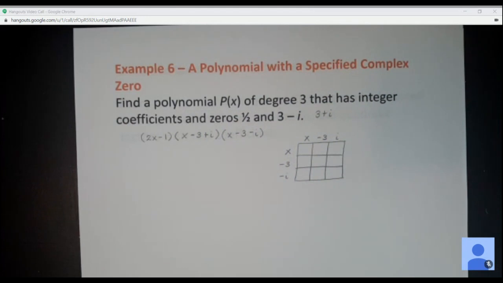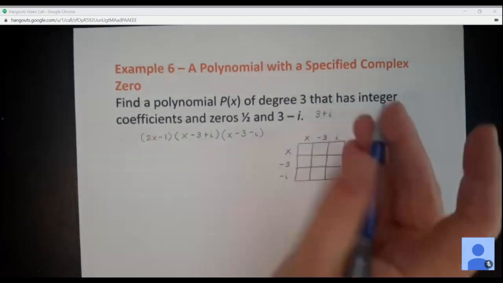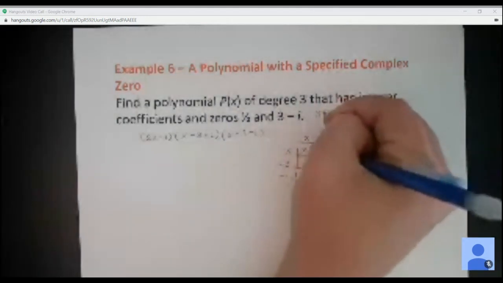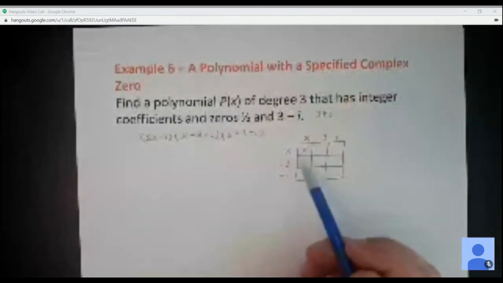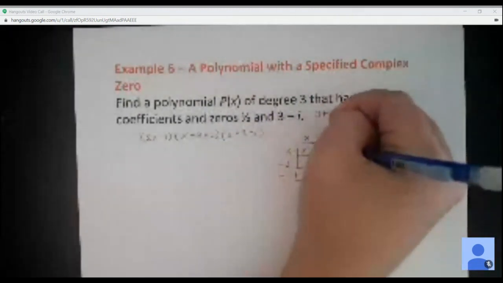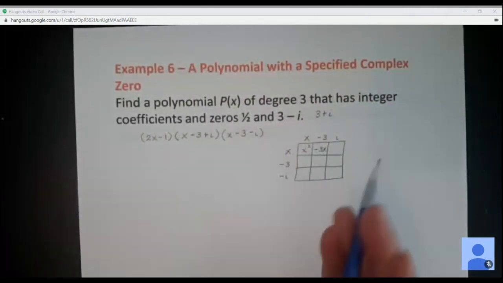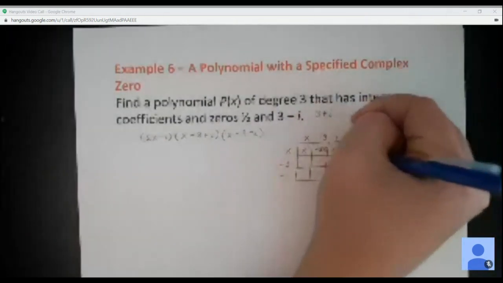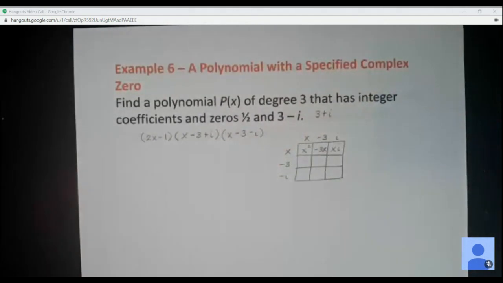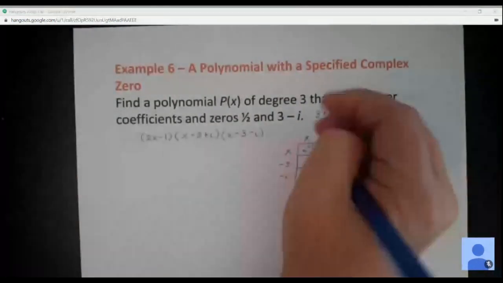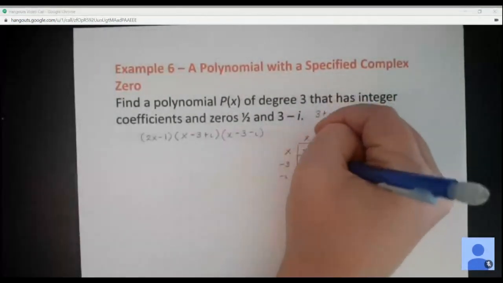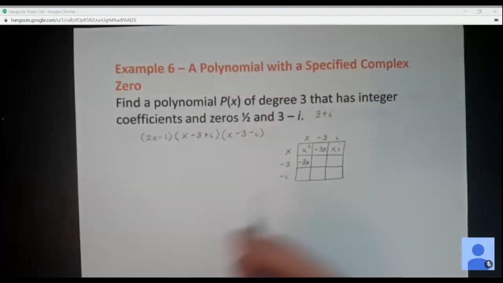All right, so now when we multiply, and I'm just going to go through these, x times x would give us x squared here. x times negative 3 is going to give us a negative 3x. x times i is xi. Negative 3 times x is negative 3x.